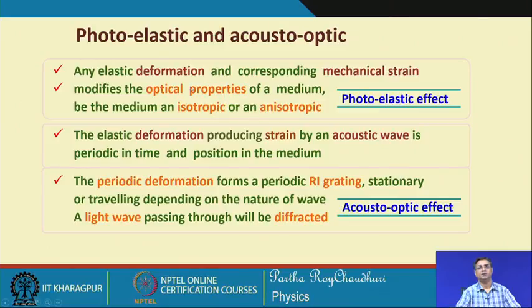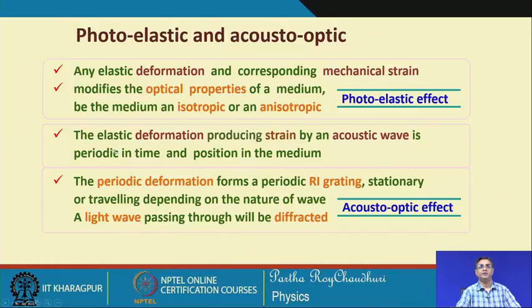Because of the strain, there will be a change in the optical properties. This fact is the photoelastic effect, that is the modification of the optical properties as a result of the elastic deformation.